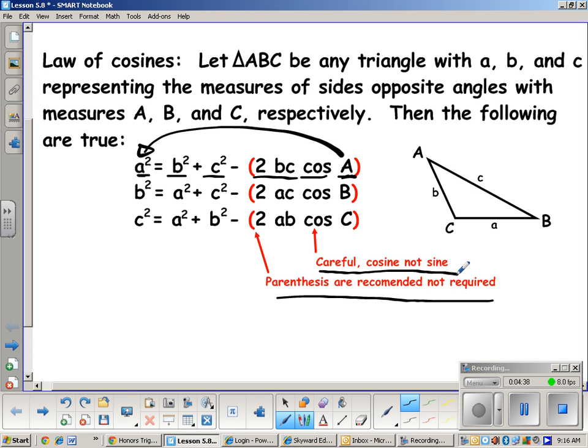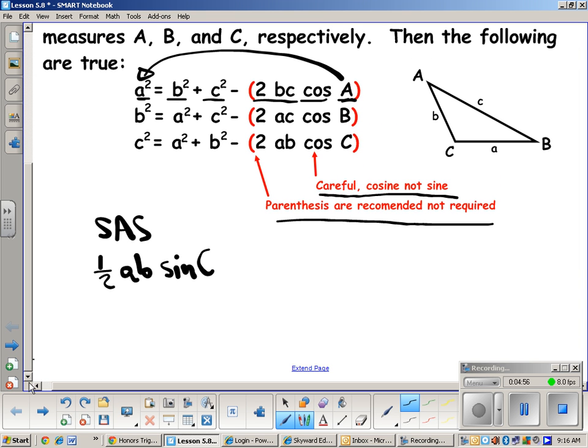Well, we did area. Remember the area formula for side angle side? It's 1/2 A, B, sine C, the angle in between them. It's going to be very easy, once we have all these rules, that you're going to start to get these confused.